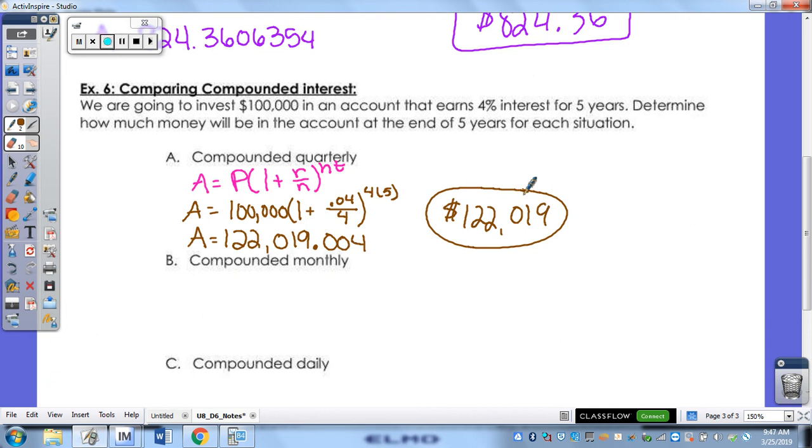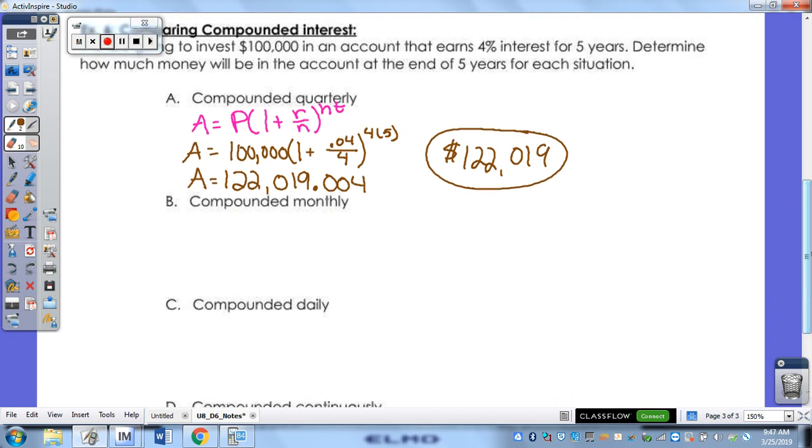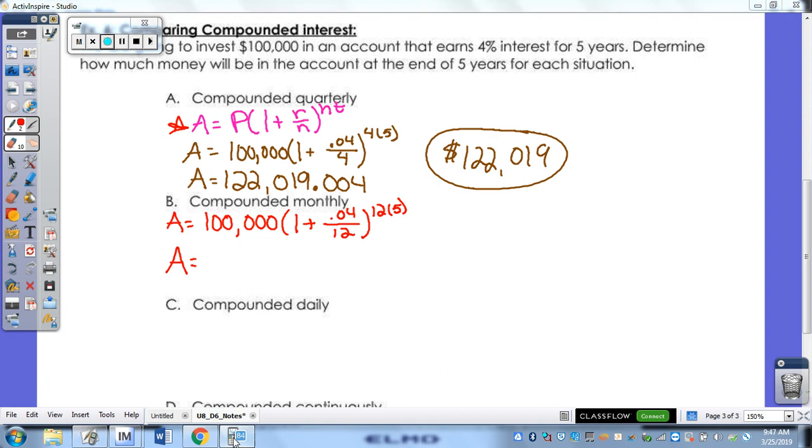So let's see what happens if instead of quarterly, we go for monthly. So again, it's going to be this same formula here. Our principal is still 100,000. Our rate is still 0.04. It's just we're going to change our n value to a 12 since it's compounded monthly instead of the 4 that we had for compounded quarterly. So the only difference is my 4's become 12s. So let's type that in and see what happens.